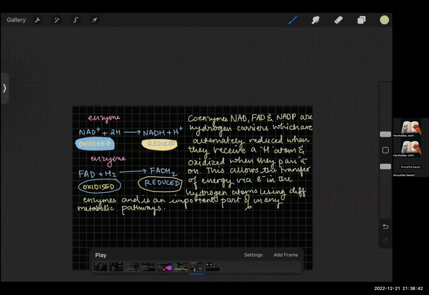Okay, this is why you are going to have your NAD either accept hydrogen atoms and get reduced to NADH plus H, okay, or you are going to have FAD get reduced and turn into FADH2.